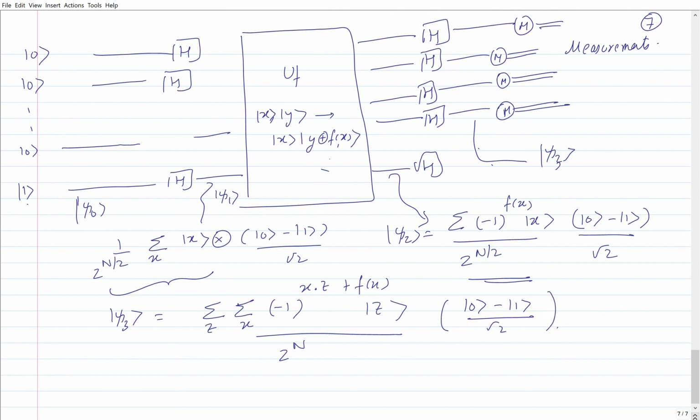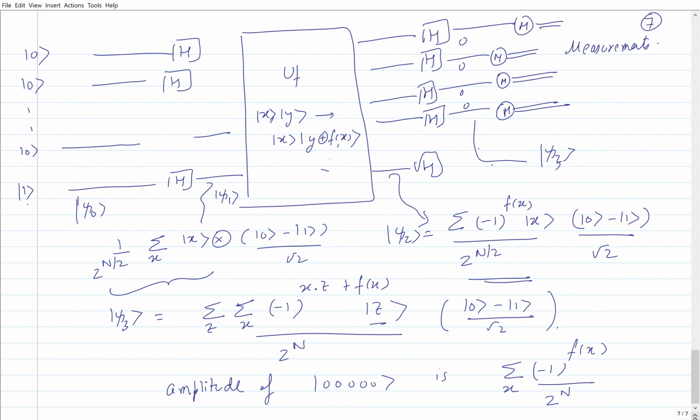So that's the idea. And now let's say z was all 0, 0, 0, 0, 0. In that case, the amplitude of all these bits being 0 is nothing but summation over x, minus 1 to the power of f(x), over 2 to the power of n.